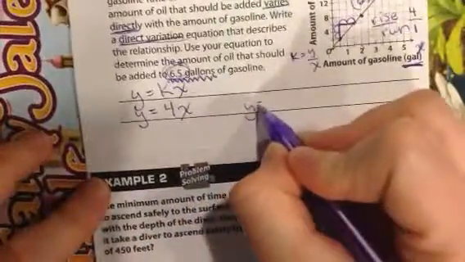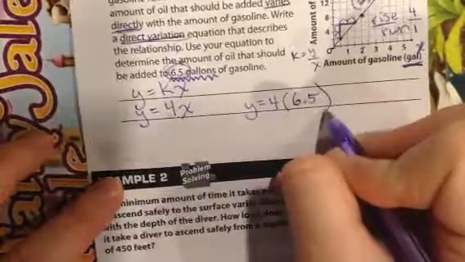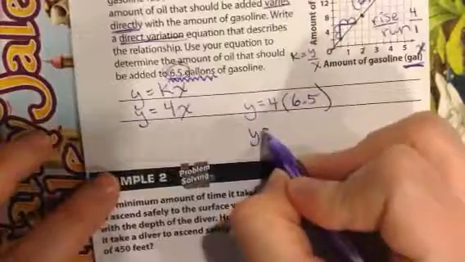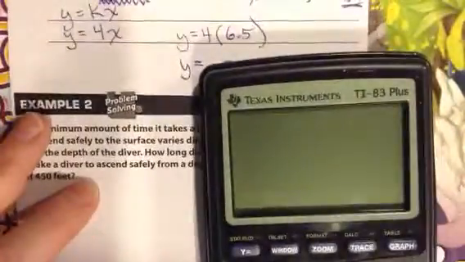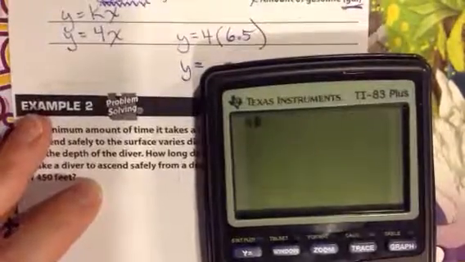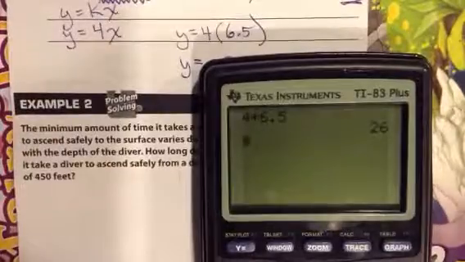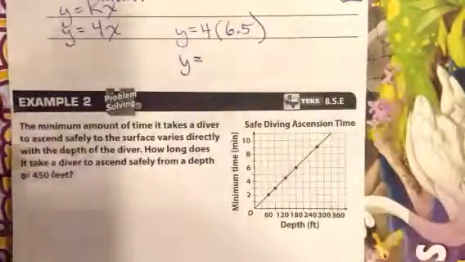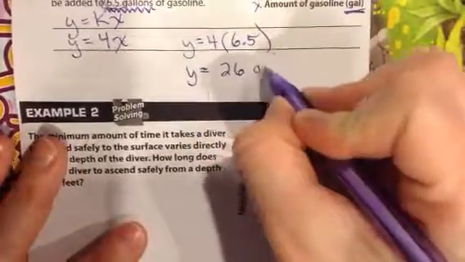So I'll do y equals 4 times 6.5. Okay, so the amount of oil that they need is 26 ounces.